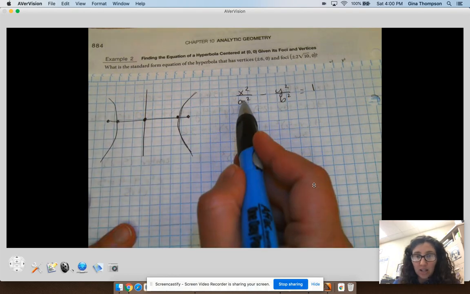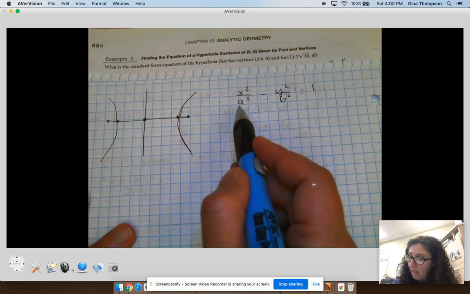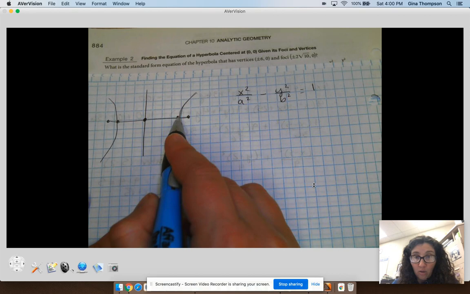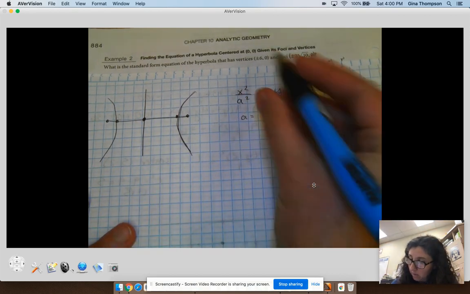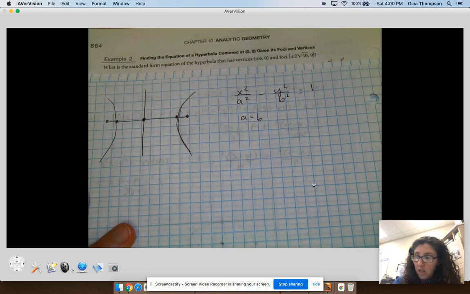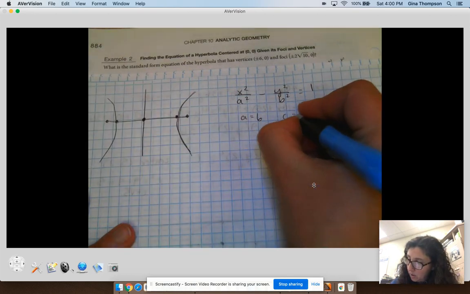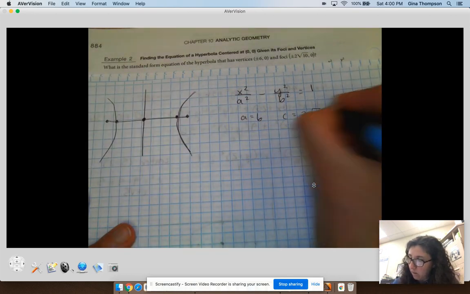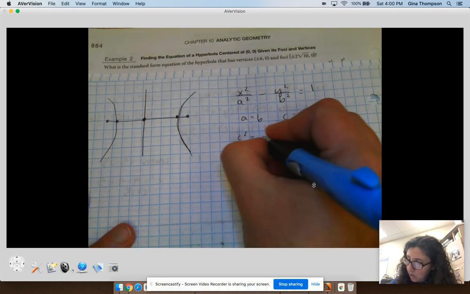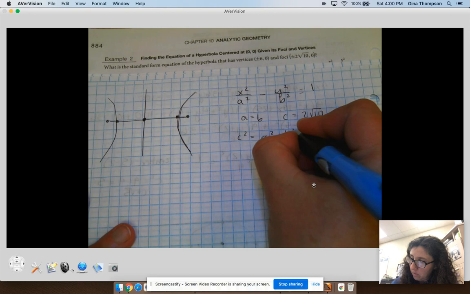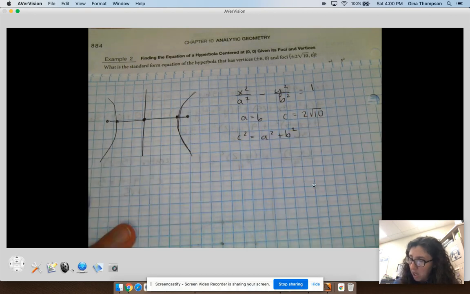Because the x-axis is the transverse axis. And we know a few things. We know a already, right? We know that a equals 6. And we know that c equals 2 square root of 10. And we know that c squared equals a squared plus b squared. So we need to solve for b squared.